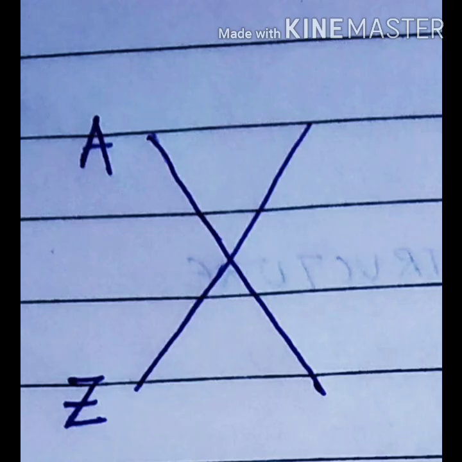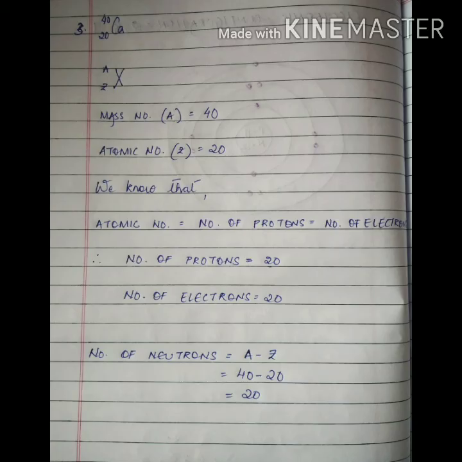Calcium 40, 20. We have already discussed that we have to use the formula XAZ, where A stands for the mass number and Z stands for the atomic number. So the mass number for calcium is 40, atomic number is 20.